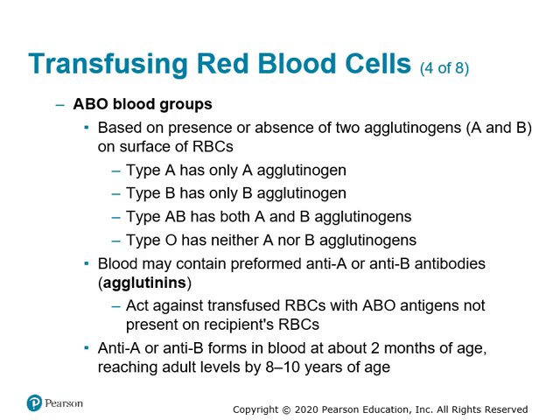So let's look at the ABO groups first. The ABO groups are based on the presence or absence of two agglutinogens, A and B, on the surface of red blood cell membranes. So for example, if you're type A, your red blood cells only have the A agglutinogen on their red blood cell surface. If you're type B, your red blood cells only have the B agglutinogen on their red blood cell surface.